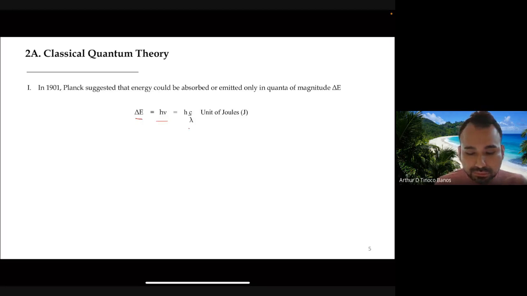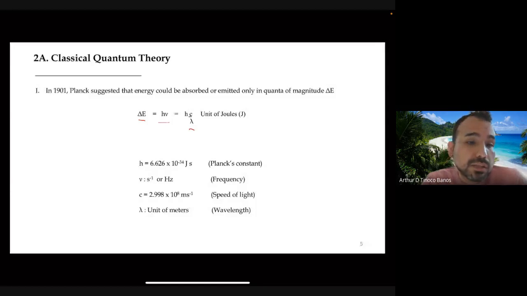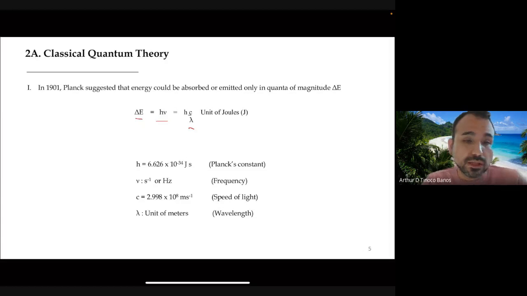Frequency equals the speed of light, or the velocity of light, divided by wavelength. All right, so a unit of energy, joules, just to remind you all of the values of Planck's constant, the units, the value of the speed of light or velocity of light.